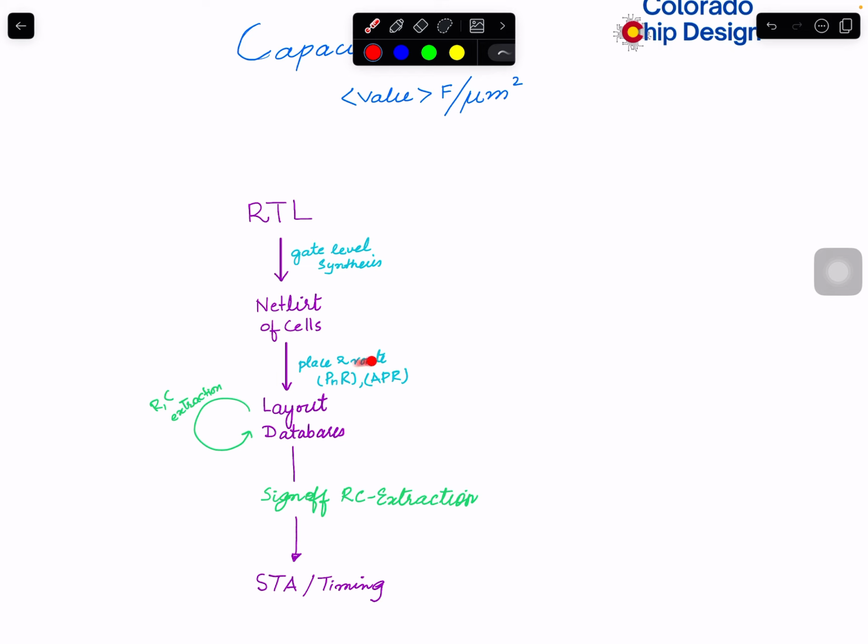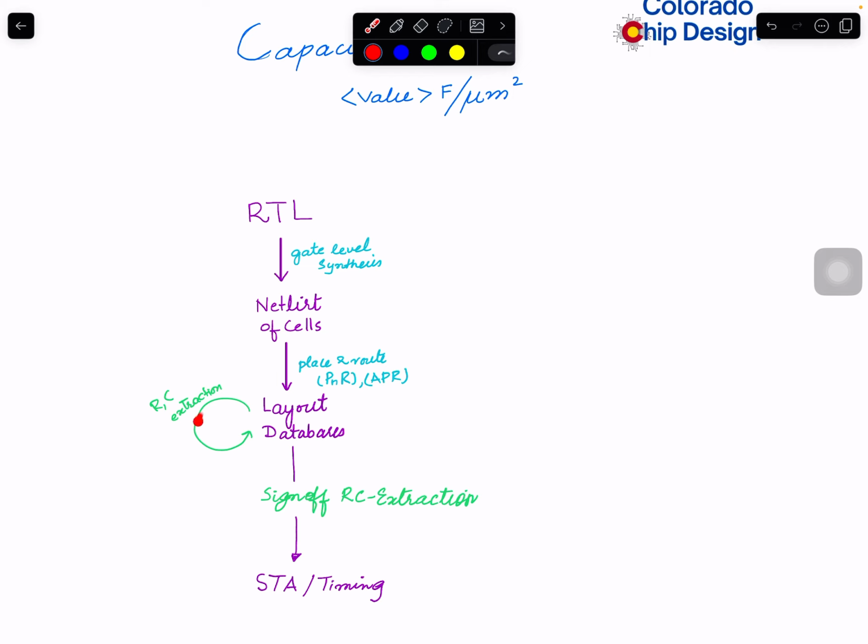It's called place and route, PNR. Sometimes it's also called automatic place and route. So tools like Synopsys Fusion Compiler, or previously IC Compiler, will do a placement and layout of the design, routing of the design. And within those tools, they need to figure out the R and Cs of the interconnect so that they can calculate timing.